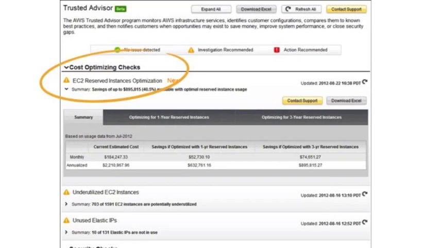Trusted Advisor looks at the instances running in an account and says, in this case, we could save $895,000 by reserving certain instances on a different term. Shown below is the estimated cost of the instances and what you would save if you did a 1-year reserved instance. We'll talk about reserved instances in a moment and how they work.